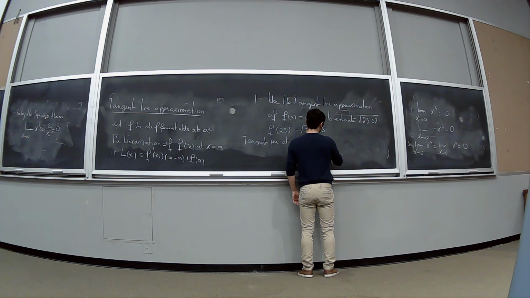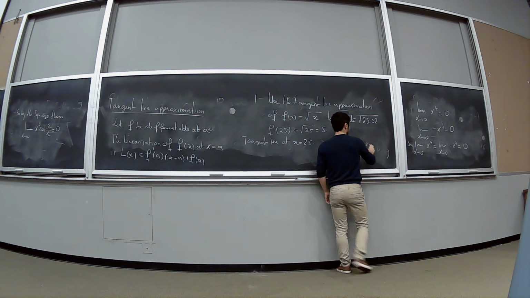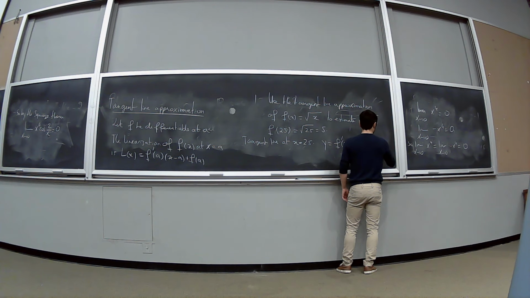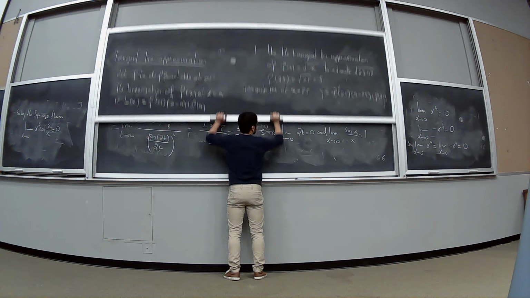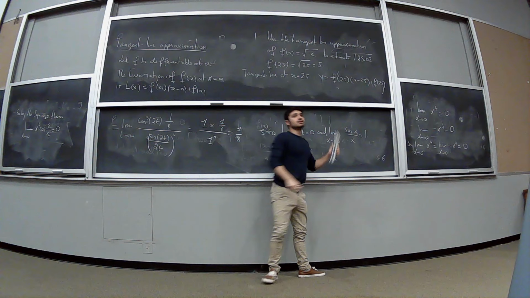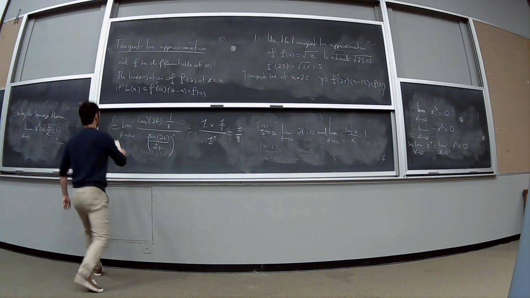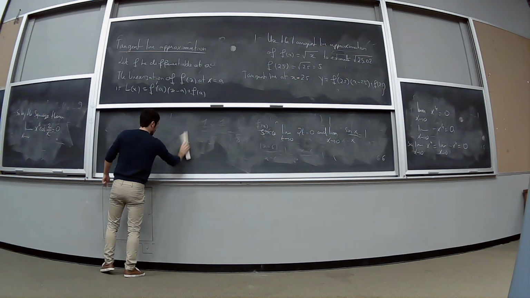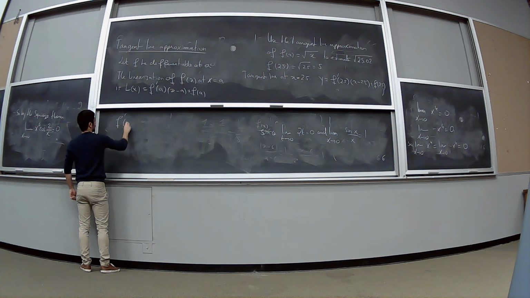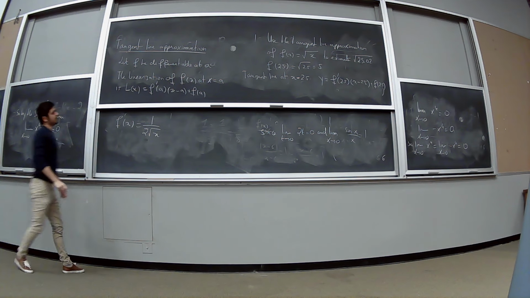What is the tangent line in that case? The tangent line approximation: y is equal to f prime of 25 times x minus 25 plus f of 25. Now what is f prime of x? If f of x is root x, what is f prime of x? 1 over 2 root x, right? What is f prime of 25?